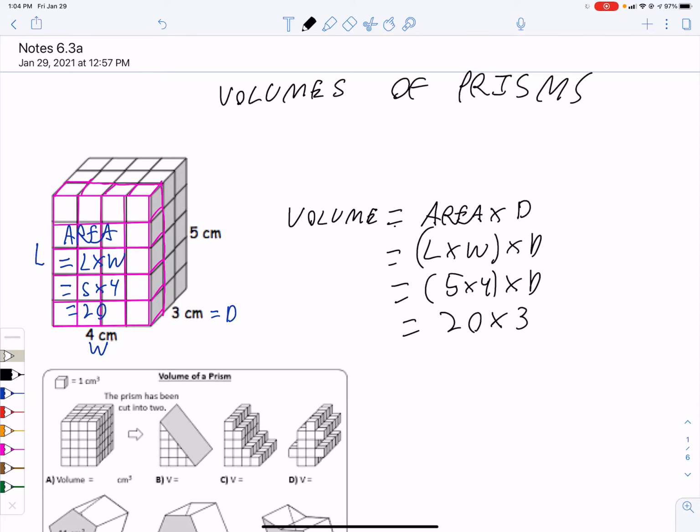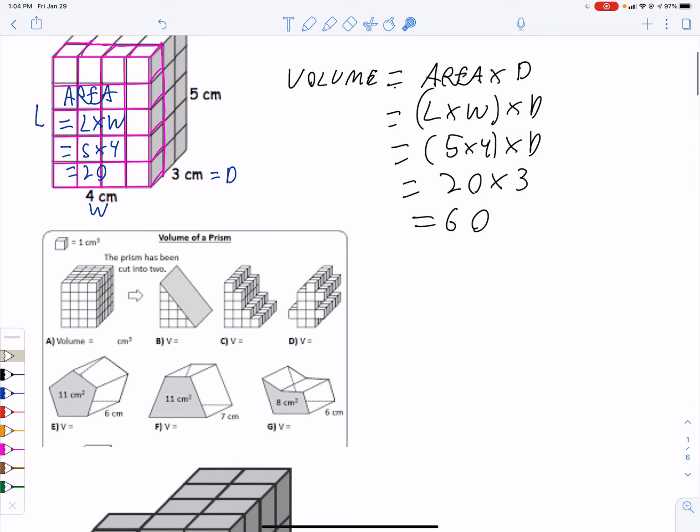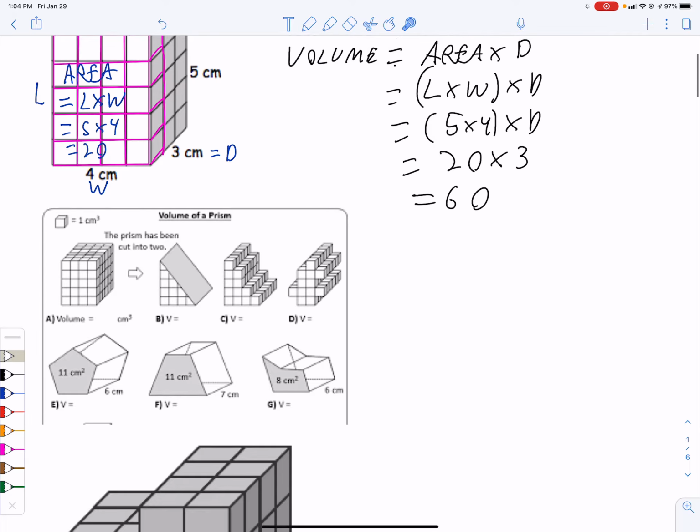The depth is 3, so we get a volume of 60. That's the concept for the volume of a prism or a cube. You find the number of cubes on the front by finding the area and multiplying by how many sheets, the depth. It works for any shaped prism.